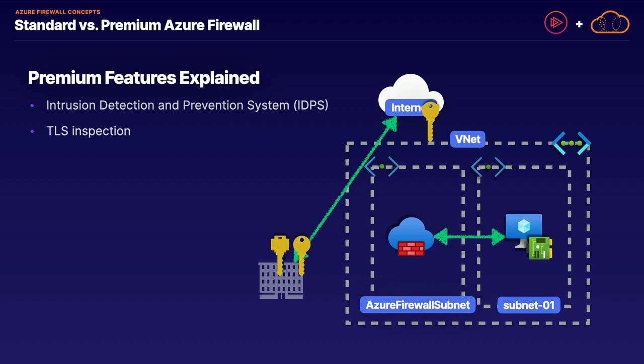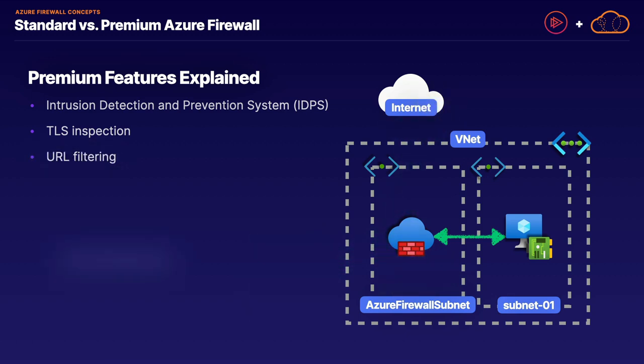When we implement this in Azure Firewall, we provide these keys so that Azure Firewall can decrypt and inspect this traffic, and this is known as TLS termination. We're terminating the encrypted traffic to inspect it, and then we re-encrypt it and send it on its way to where it needs to go.